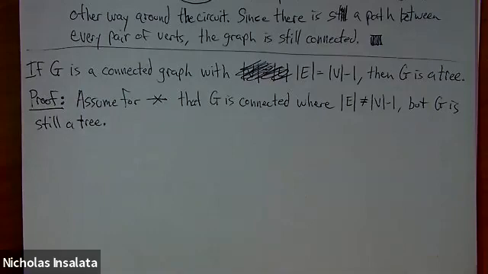Well, I think we're going to have to go two ways with this. I think we're going to have to consider the case where we have too many edges and too few edges. Do we have to do that? Maybe we don't have to do that. What do you guys think? Do we have to do too many edges and too few edges, or just too few? Just too few.